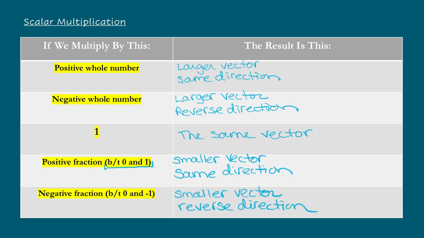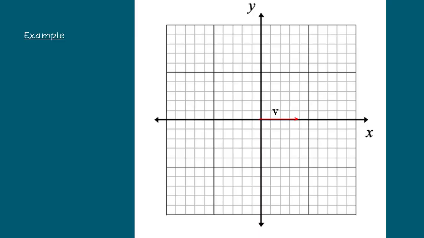So let's take a look at what some of these look like. So let's say I have this vector here. It's kind of small. Let me draw over it again. And this vector v is coming out here 4 units. All right, so my magnitude here is 4. So I'm going 1, 2, 3, 4 units out there. And I want to increase my magnitude by 2.